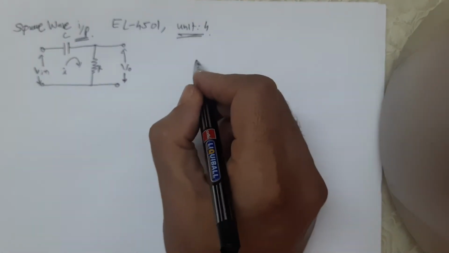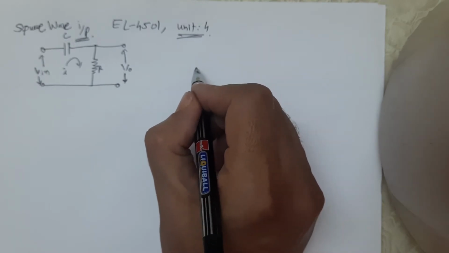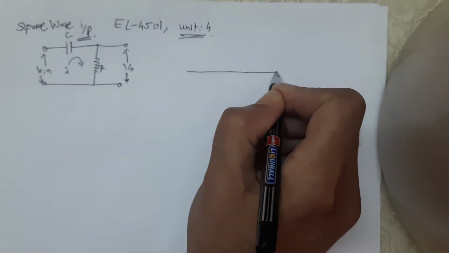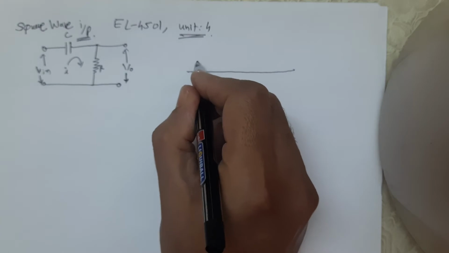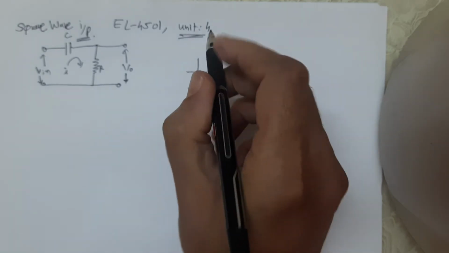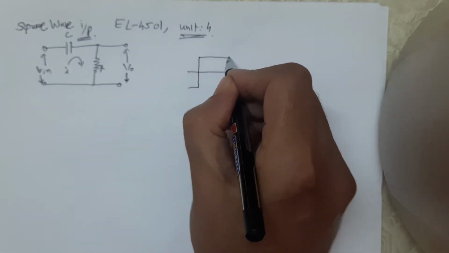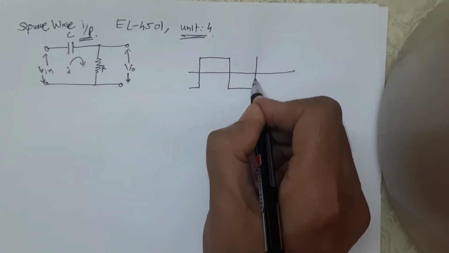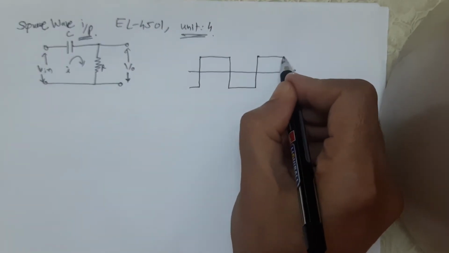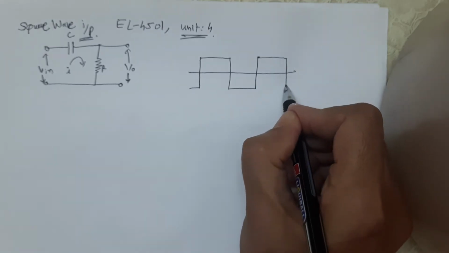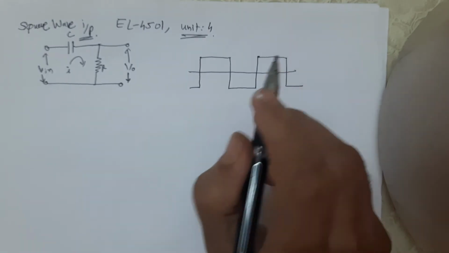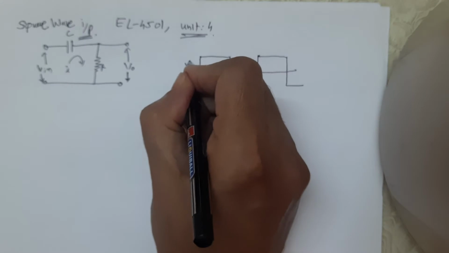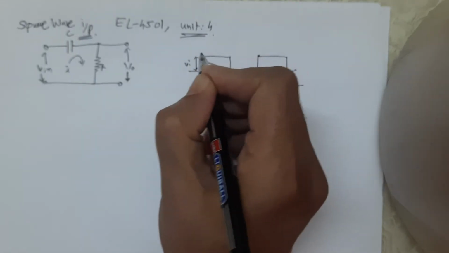So this is our input waveform. Square wave. It is denoted like this. This is the Vi amplitude.